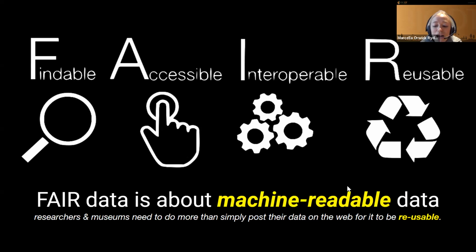And as well, with this findable, accessible, interoperable, and reusable, these FAIR principles that we discuss. FAIR data is also about machine readable data. So researchers and museums having their data on the website in a way that it is reusable typically means machine readable.